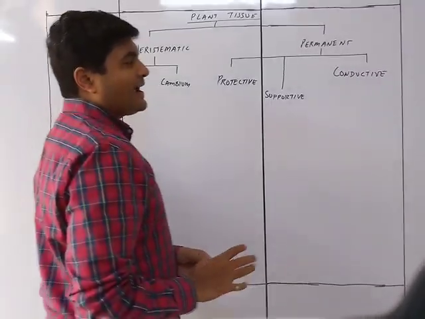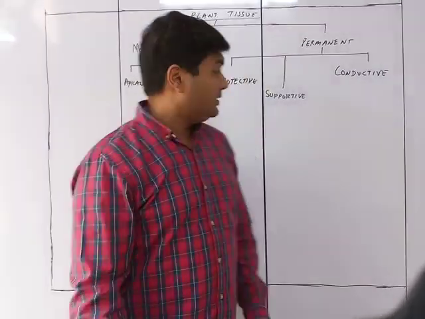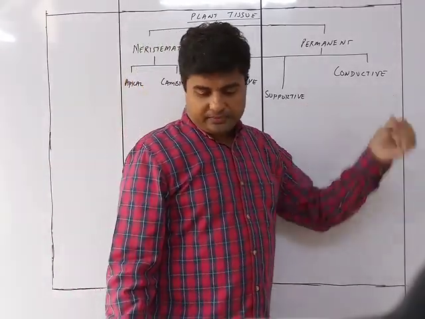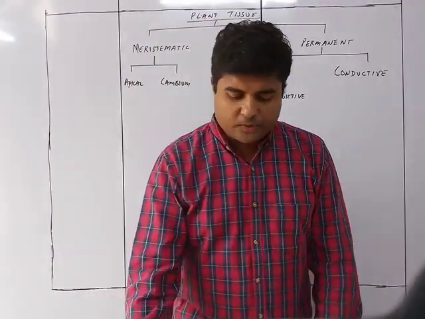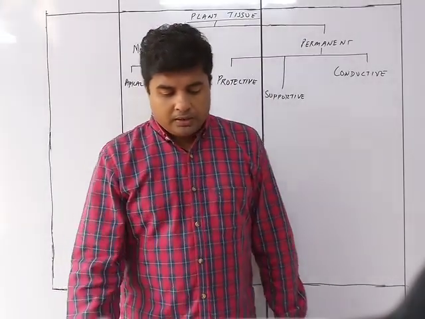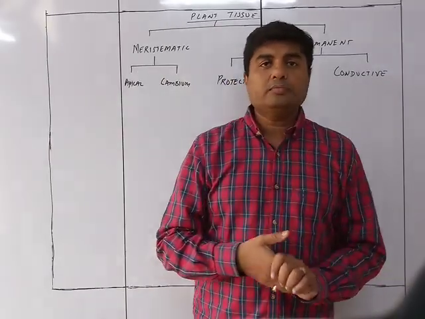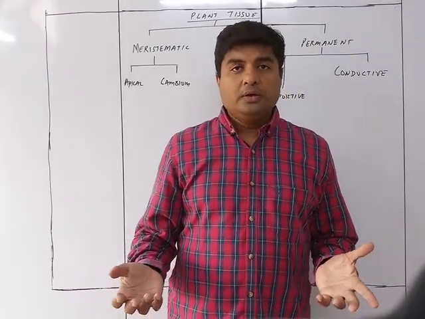Okay, so the three kinds of permanent tissues are protective, supportive, and conductive. So first we see the protective tissue. Protective, we know very well what it means: to protect the whole plant.